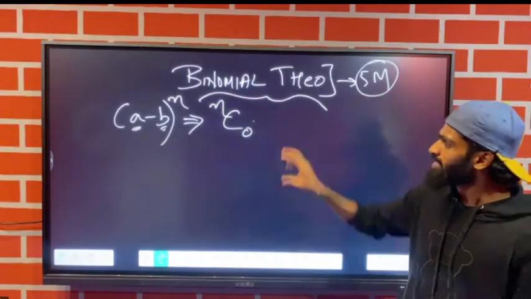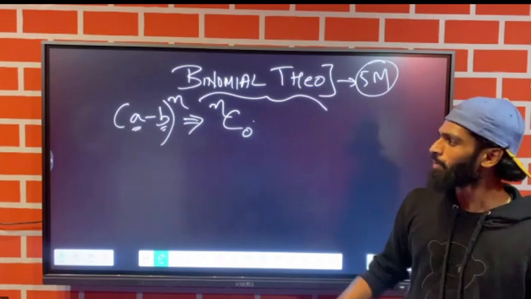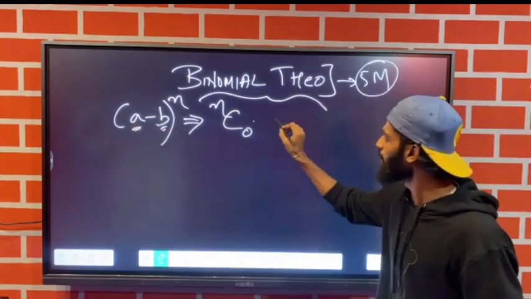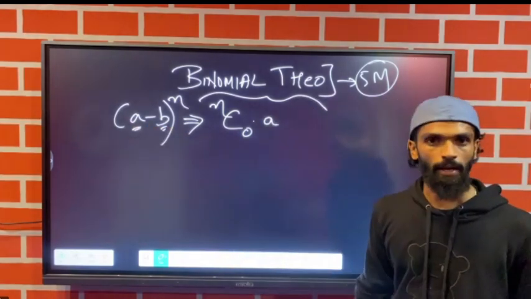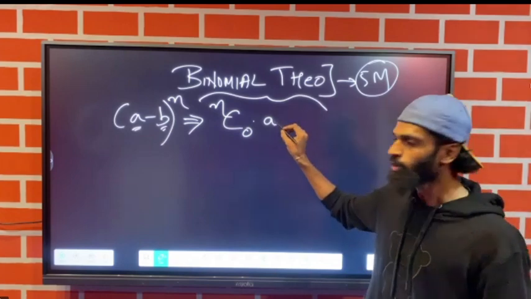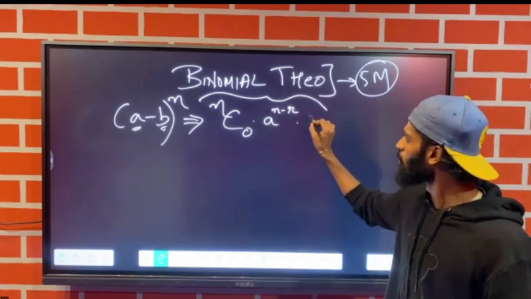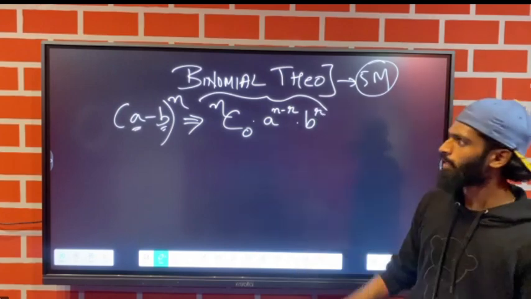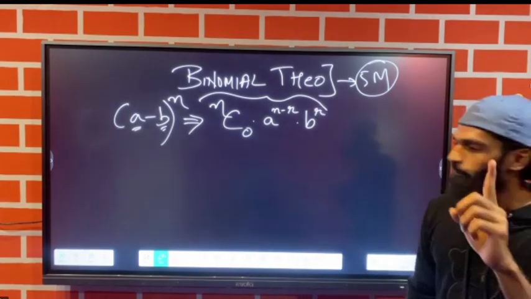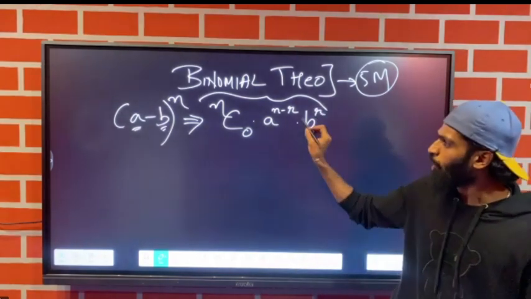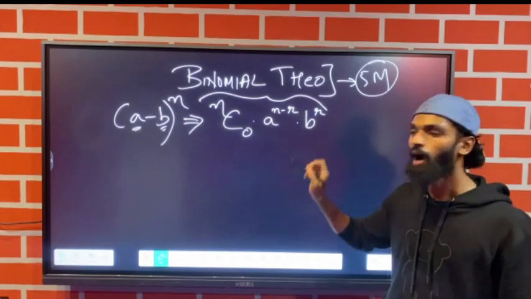Okay. Now, the second part, as I told you, belongs to a. So you write a. Okay. And you also write a to the power n minus r into b to the power r. Fine. Now, obviously, one question will be in your mind. Automatically, sir, in a and b, r came up.